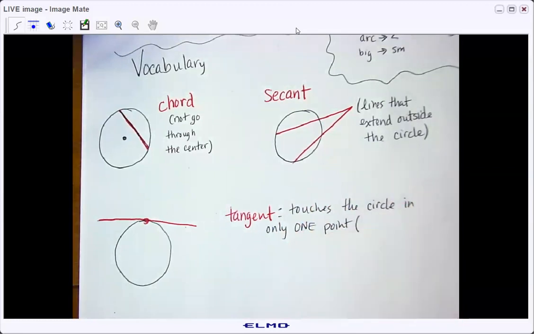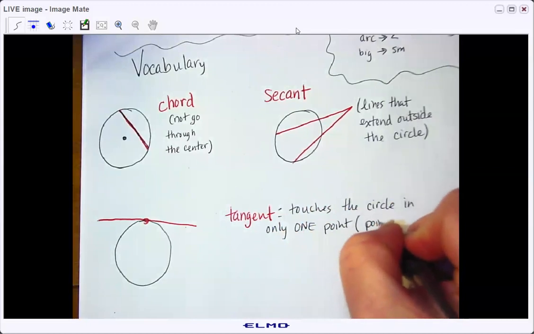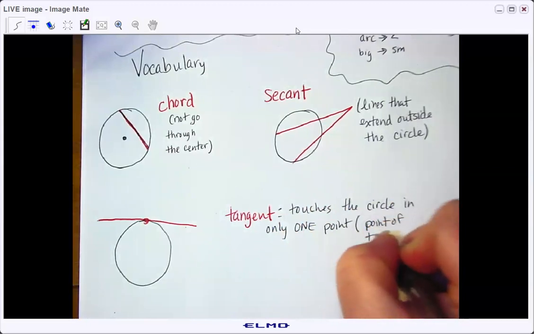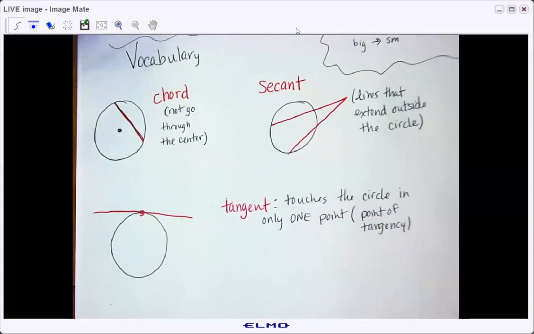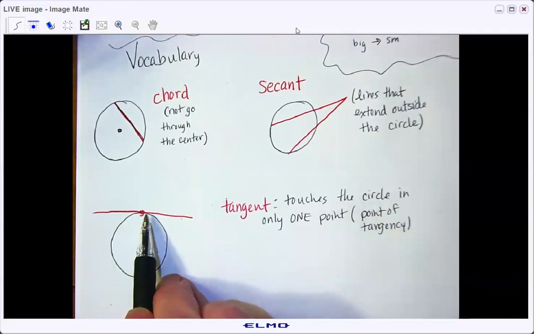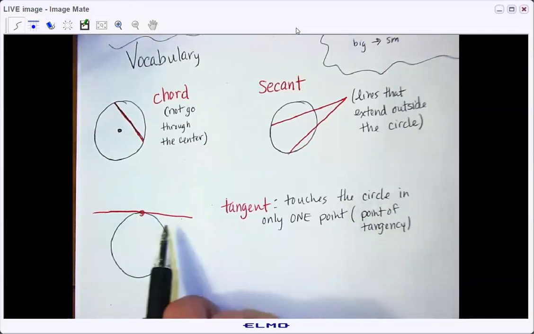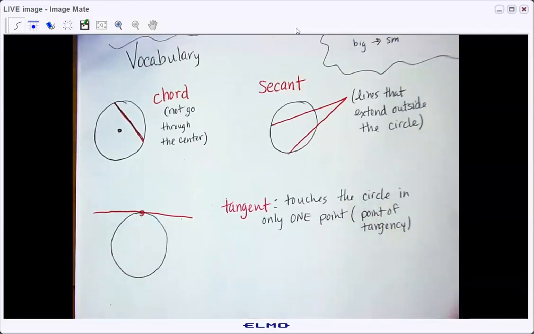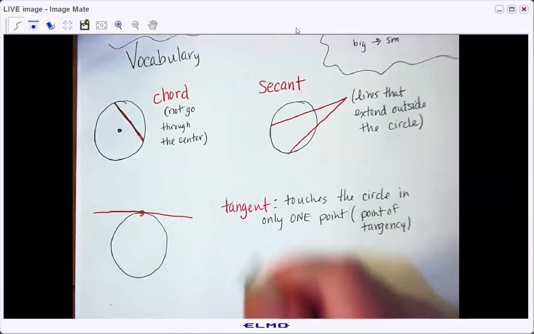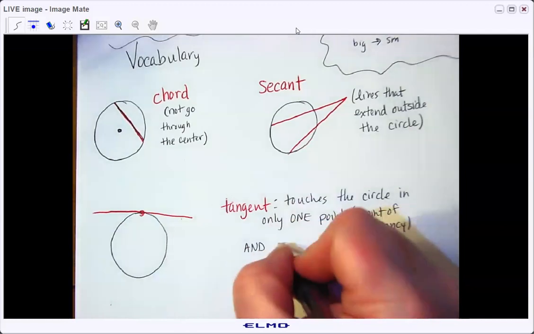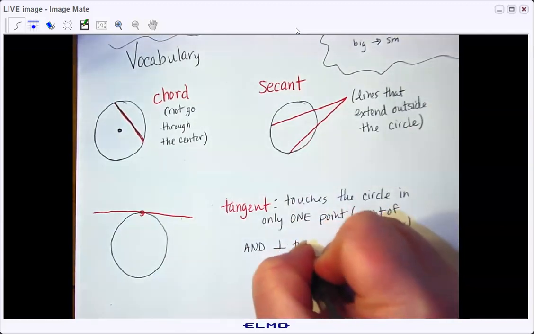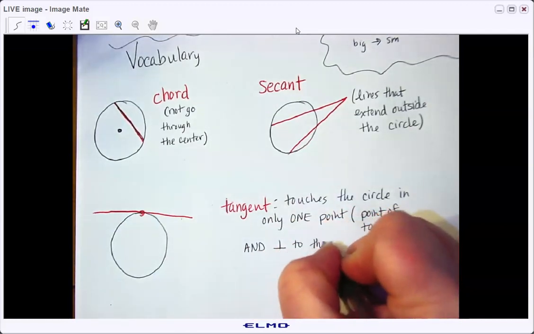Okay, that one point is called the point of tangency. We don't really refer to that too much, but it's just where that one point is. That's the point of tangency. That's where the circle crosses or intersects the tangent. And that line is perpendicular to the radius.